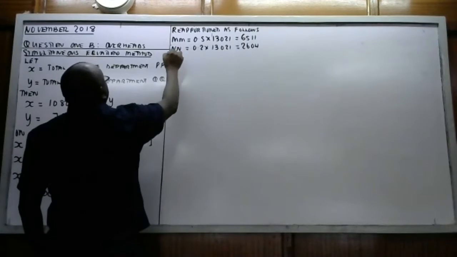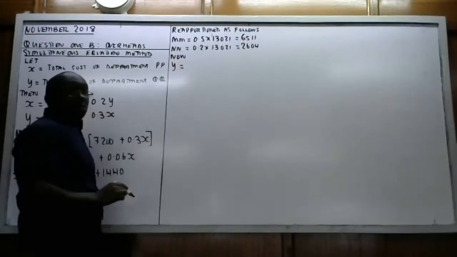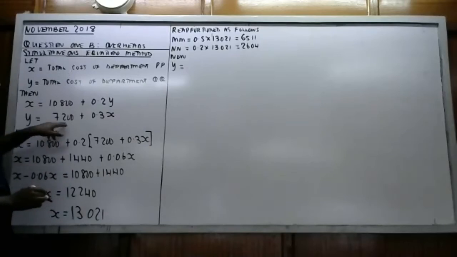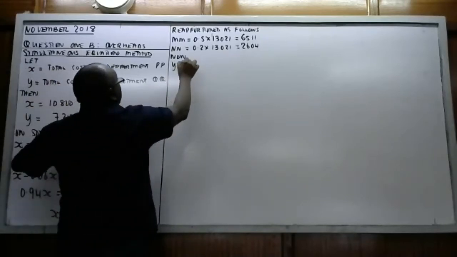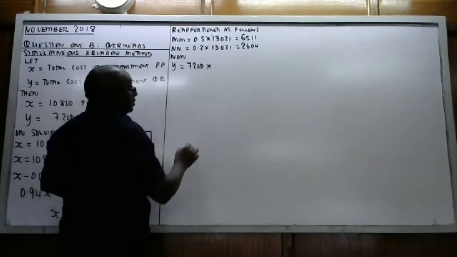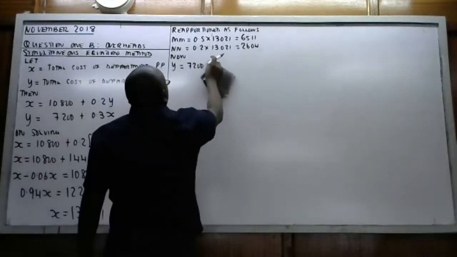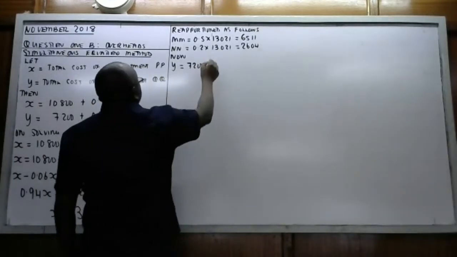Then, so now, Y should be equal to, we now look for Y. It should be 7,200 plus 0.3X.